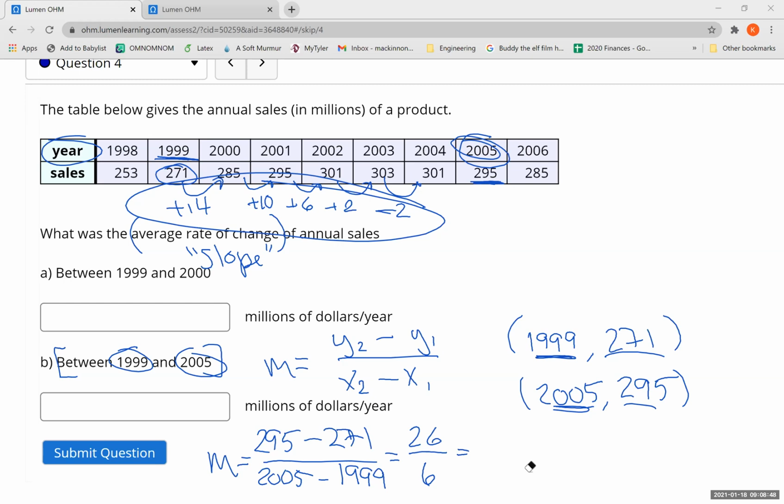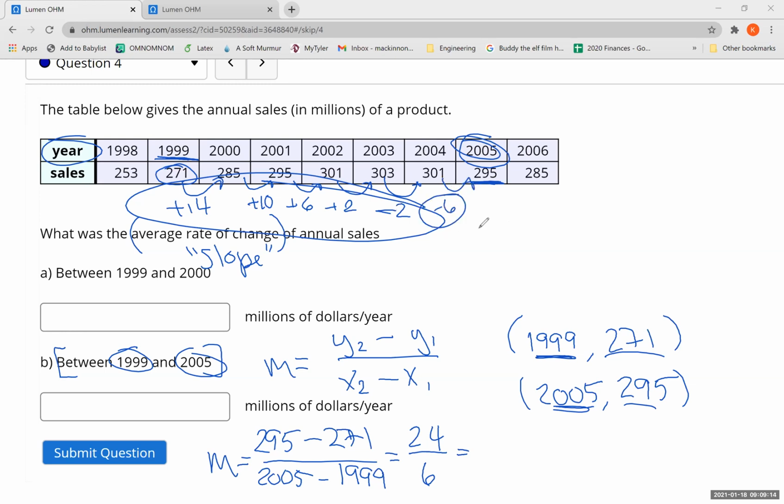Wait a minute. What am I doing? 295 minus 271. This is what happens when you take your arithmetic for granted. And so that should be fine. 24, 30, 32, 30. Oh, because I forgot the minus 6.